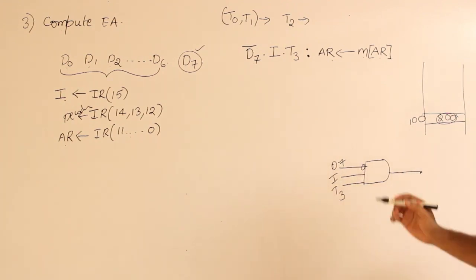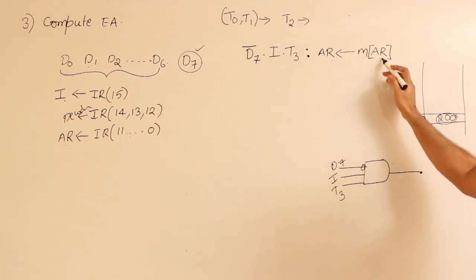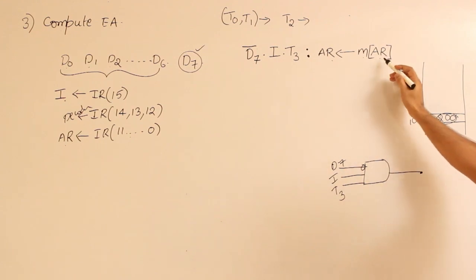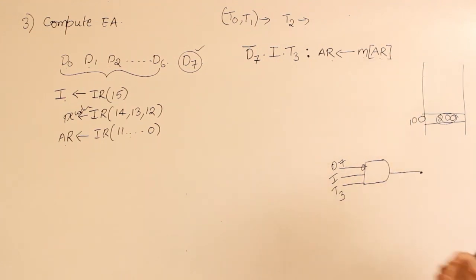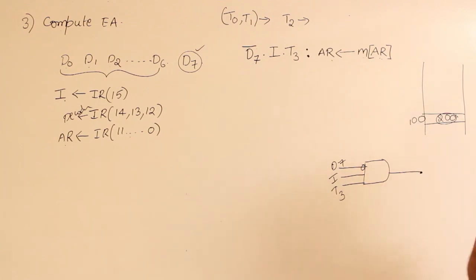Got it? So how to enable this action? First we select the memory, and AR is already connected to the address of the memory, so we read from memory, and at the same time we enable the load input of AR.